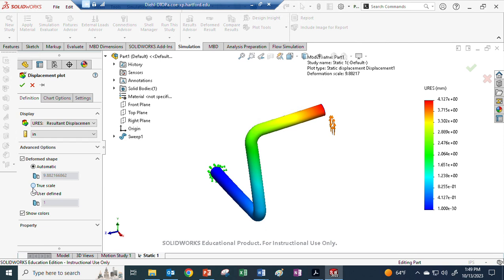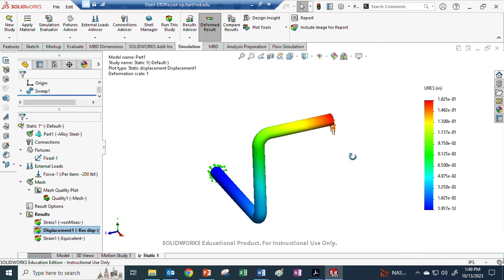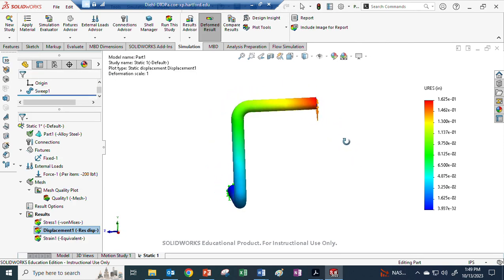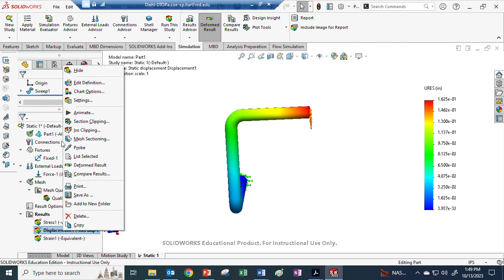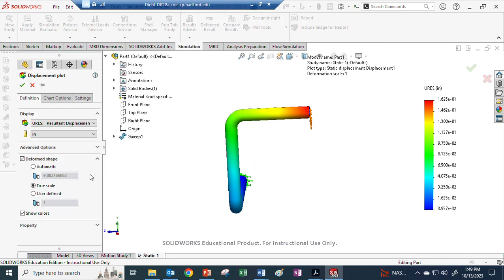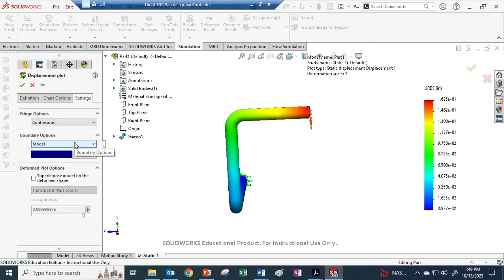If you put it to true scale, you'll see that you could barely see. Actually, you can see something. You can also put in the ghost of it. Let's see, show colors. I think it's settings. You could superimpose the original one with a transparency if you want to.